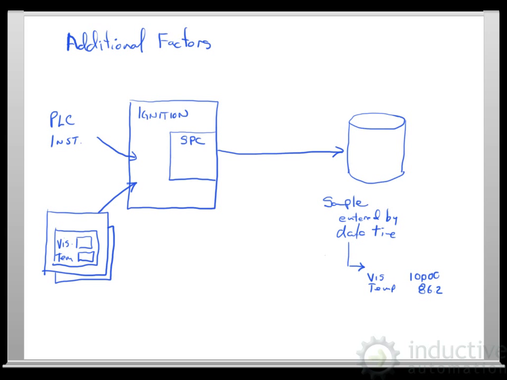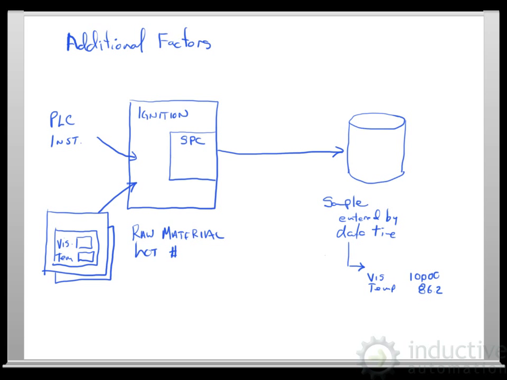But if we started wanting to track some additional information, maybe the raw material lot number, how do we do that? Okay, we use additional factors.